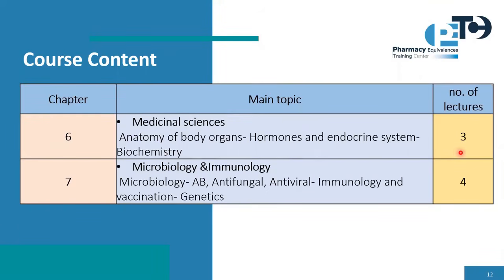This will be covered in 3 lectures. Then microbiology and immunology: microbiology, antibiotics, with a specific lecture about antibiotics, antifungal agents, antiviral, immunology, vaccination, and genetics. The new version of the course contains information about the coronavirus or COVID-19.